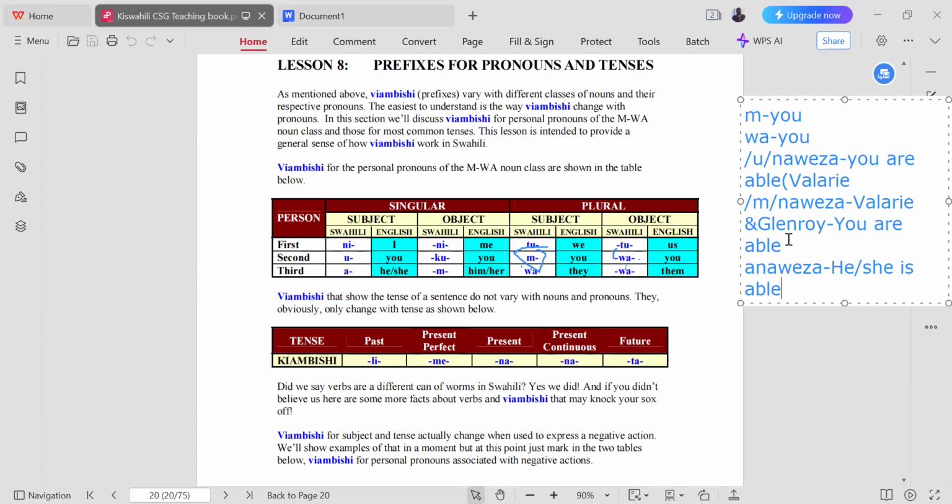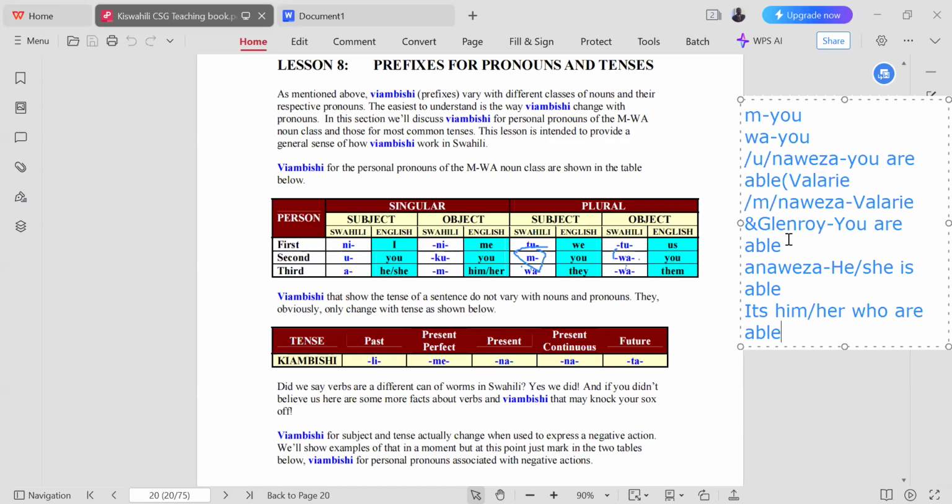Then you'll say, it is him, or it is her who is able. Is that the correct answer? Because when you say he is able, somebody will ask, who is able? Then you say it is him. At this particular moment, you are treating the same person as an object.